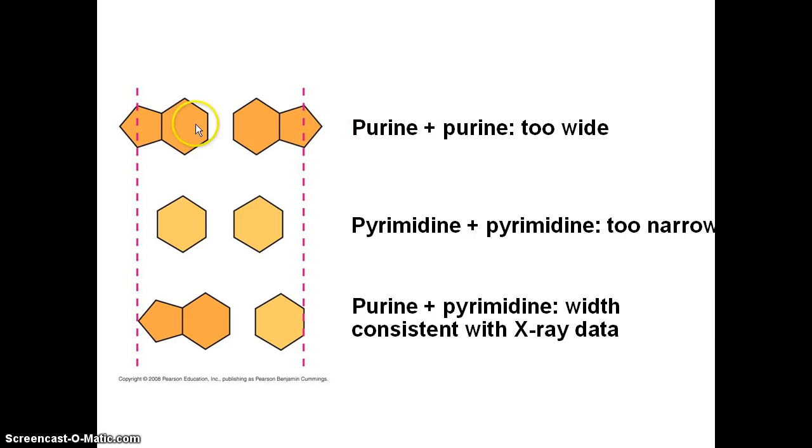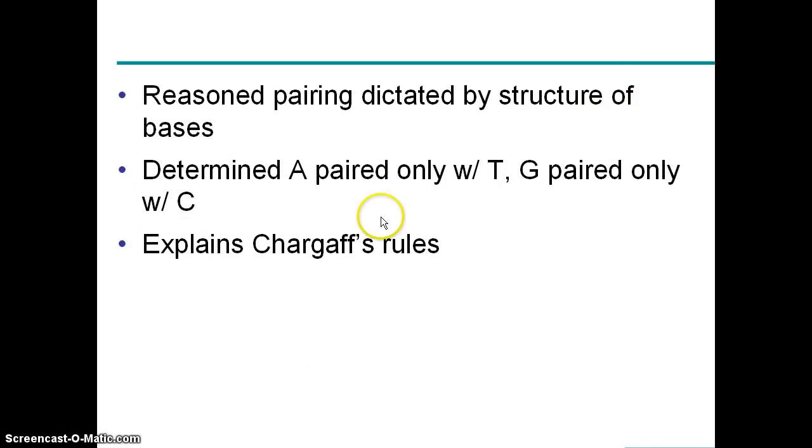Now what they found is that when they combined two purines with one another, like an A and a G, it was too wide for the image they'd found. When they added two pyrimidines together, it was too narrow. But when they had a purine and a pyrimidine, it matched the dimensions seen in the X-rays. So they knew that a purine like A or G would match up with a pyrimidine like T or C. And doing that helped explain Chargaff's rule.